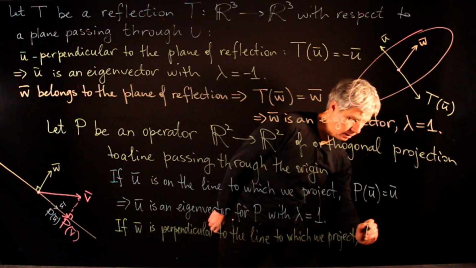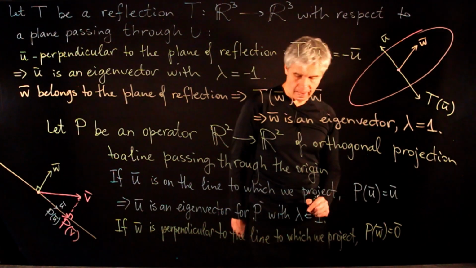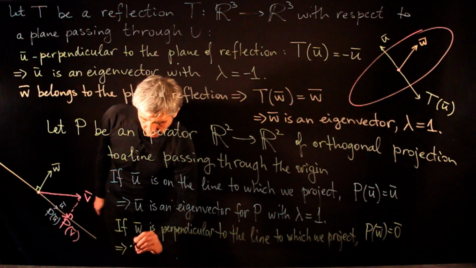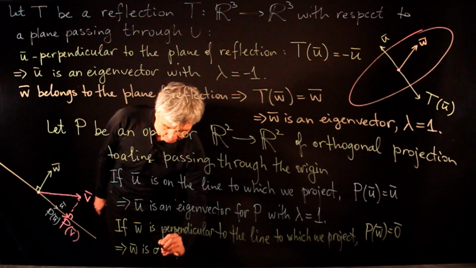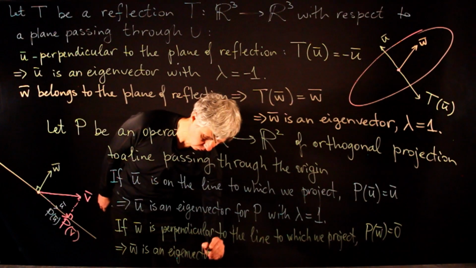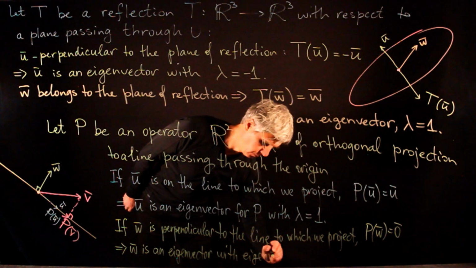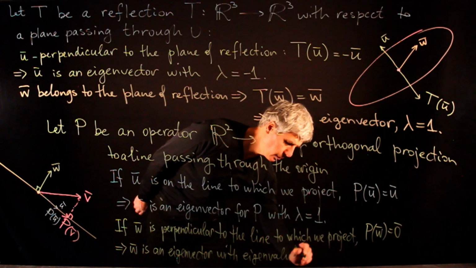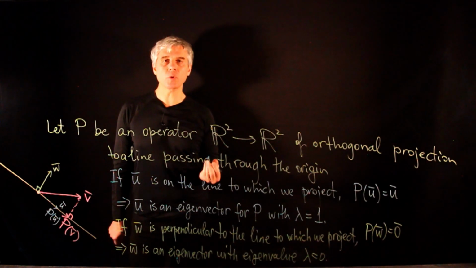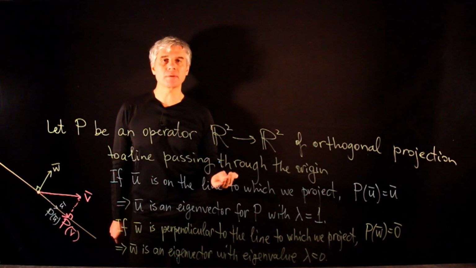So we see that P of W is going to be the 0 vector. And so this tells us that, again, W is an eigenvector with eigenvalue lambda equals 0. These examples demonstrate that there is a close connection between eigenvectors, eigenvalues, and the geometry of linear operators.